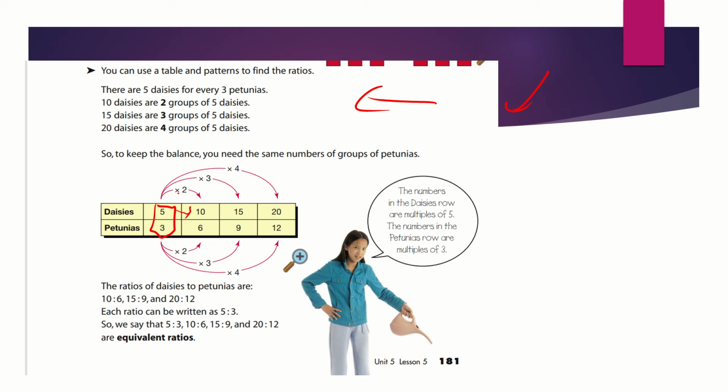We multiply by 2, 3, 4. If we did times 5, our next number would be 25. If we did times 6, it would be 30. Whereas here, we're going up by 3. So we did 3 times 2, 3 times 3, 3 times 4. The next one would be 15, then 18. And we can keep finding out the ratios, and then match these two based on this data table.